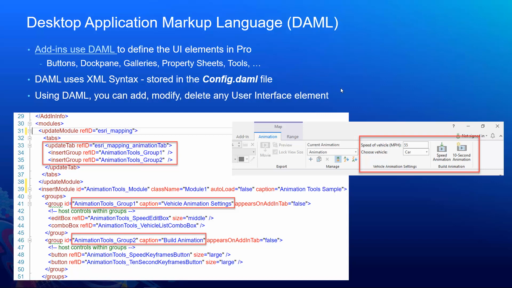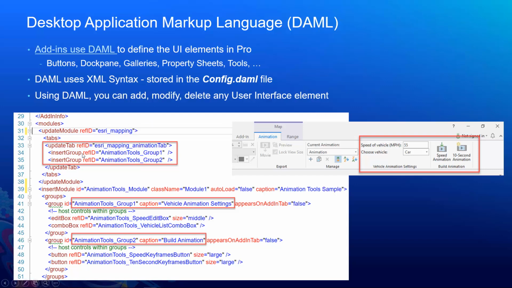And again, as Pro starts and it loads up the add-ins from those well-known folders, the first file that it reads from your add-in is this config.daml so that it can configure the user interface with all of your customizations. Let's take a look at just a couple of the samples here.